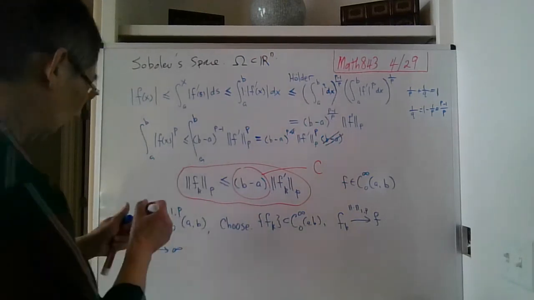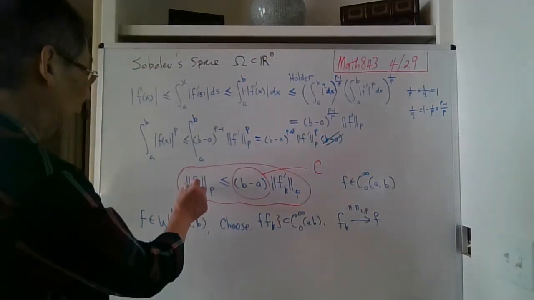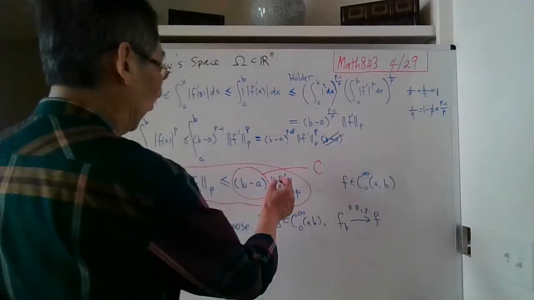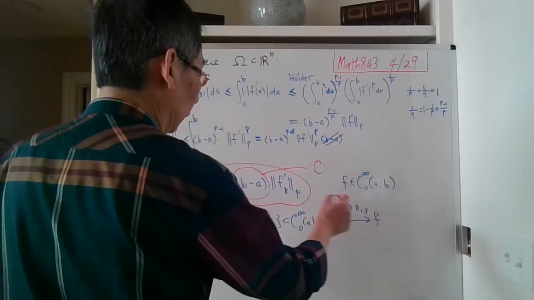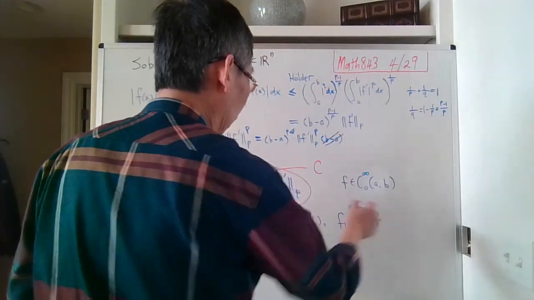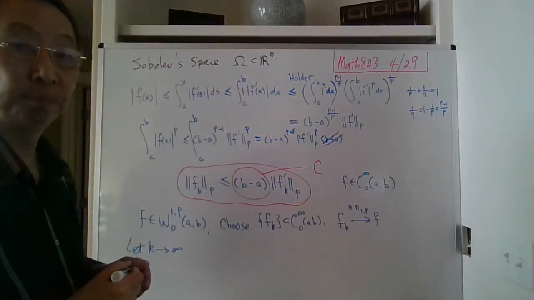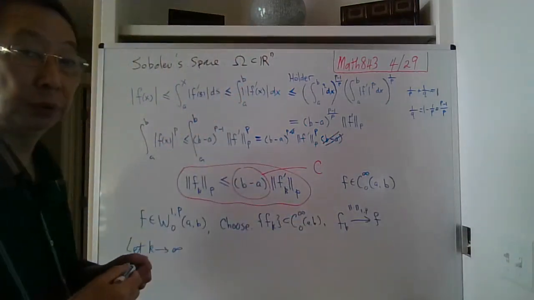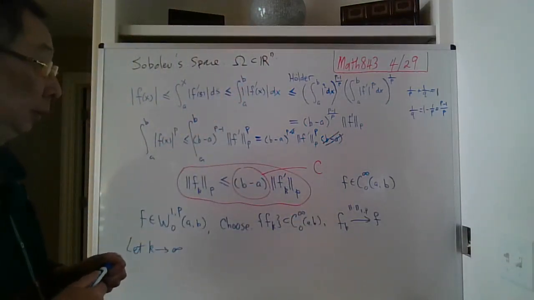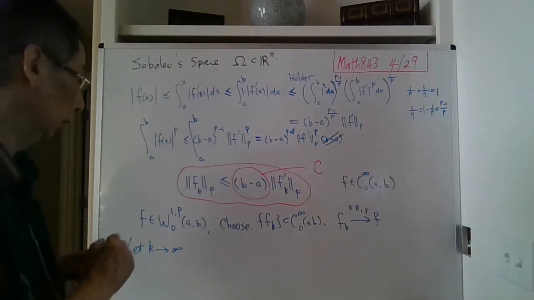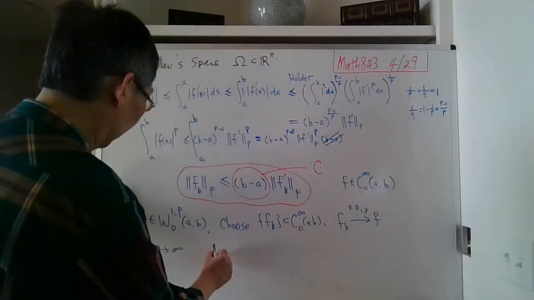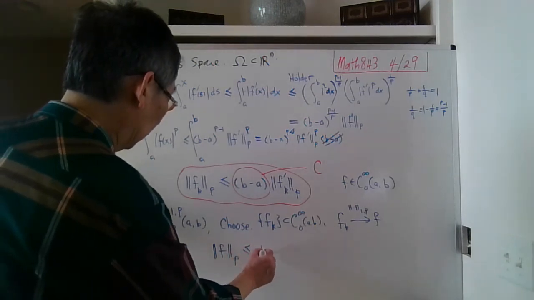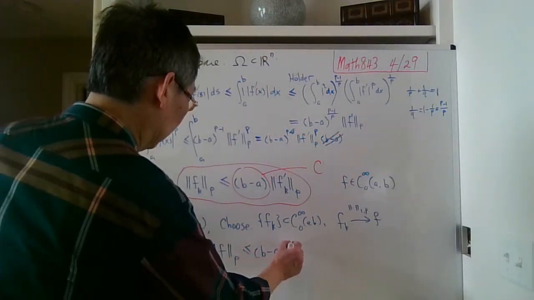If you let k go to infinity, f_k goes to f, obviously in L^p, and the derivative of f_k also goes to the weak derivative f prime, because this is converging to f in the W^{1,p} norm. So letting this go, you immediately get this.